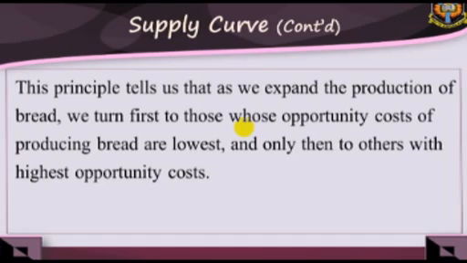Under the vertical interpretation, we begin with a quantity and then go up to the supply curve to read the corresponding marginal cost on the vertical axis. Thus, if sellers in figure 3.2 are currently supplying 12,000 loaves per day, the opportunity cost of the marginal seller is 3 naira per loaf of bread.